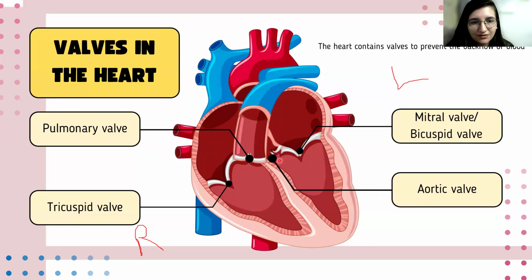The aortic valve makes sure that the blood doesn't flow back into the ventricle and that it just goes straight to the aorta. And you have the mitral valve, or bicuspid valve, which makes sure that once you have entered the ventricle, you don't go back to the atrium. So it's one-way flow. And all this is important because you don't want the oxygen-rich blood to mix with the deoxygenated blood.